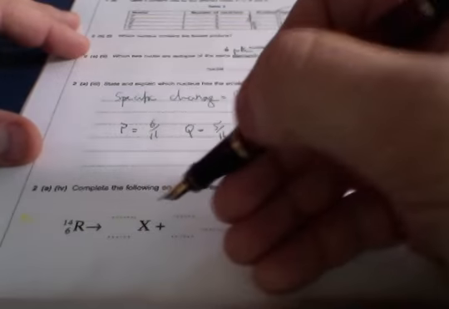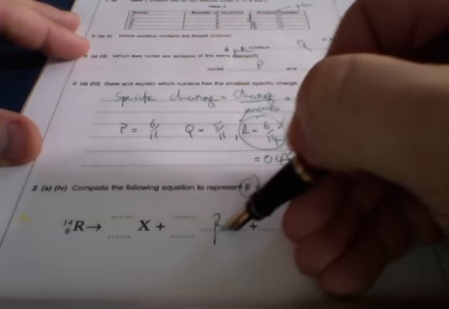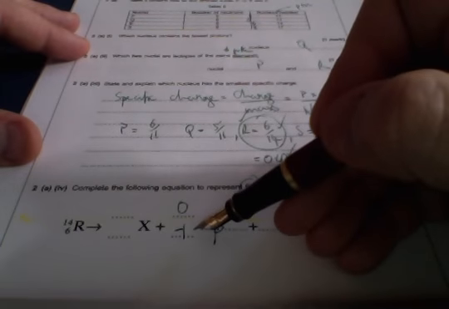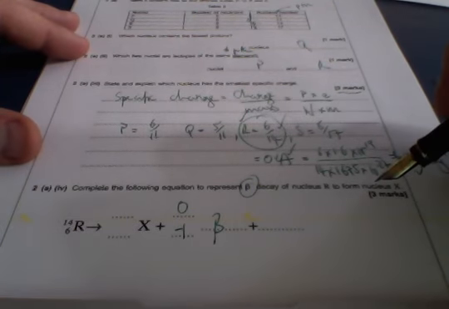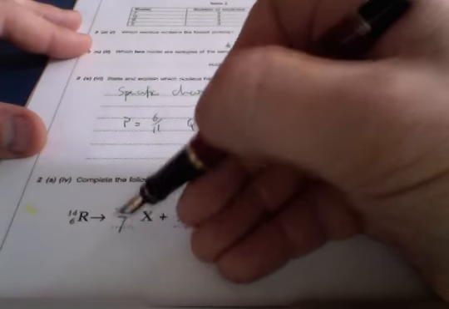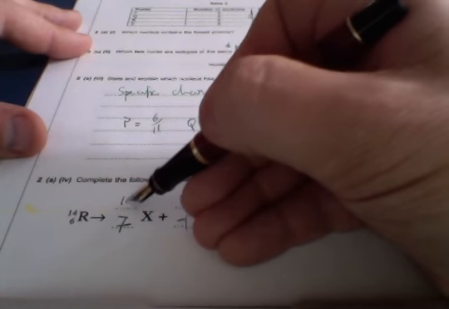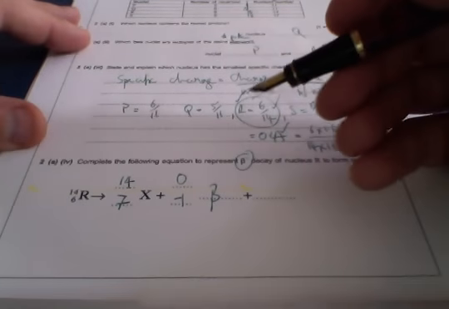Okay, what's next? So we're asked for a beta decay. And in a beta decay, well, this is beta definitely, and we should just know that. It's an electron. It has no mass, but it has -1 charge. In a beta decay as well, we are left with something with 1 more proton, but no change in nucleon number. This is actually nitrogen.